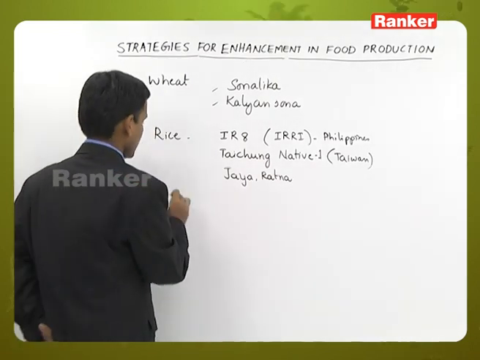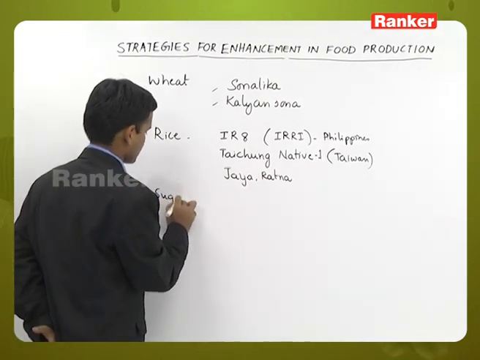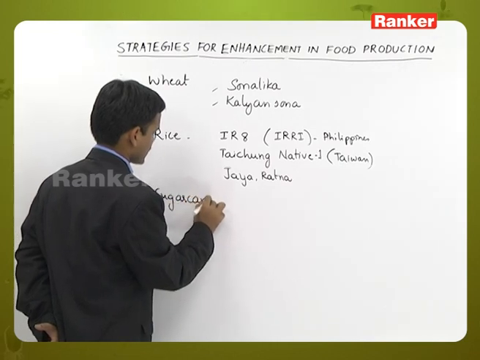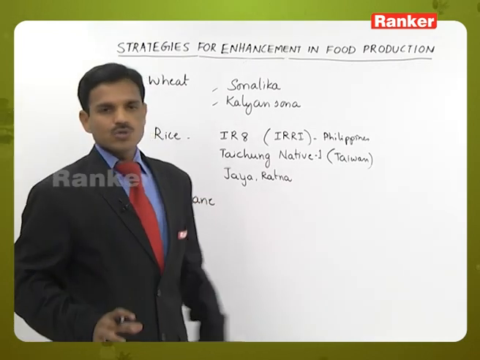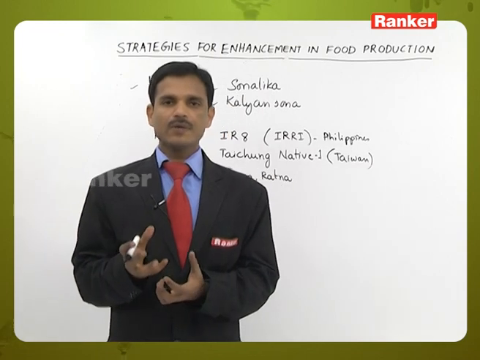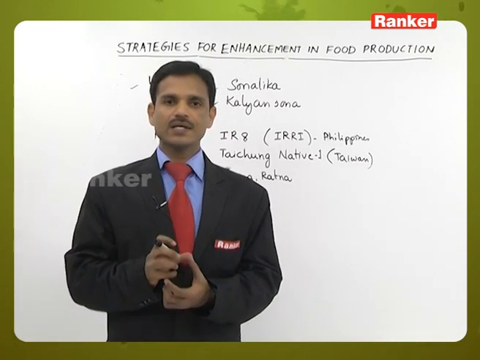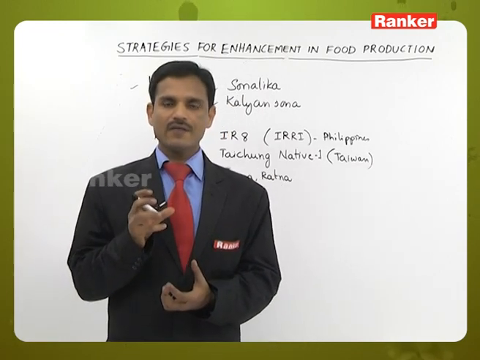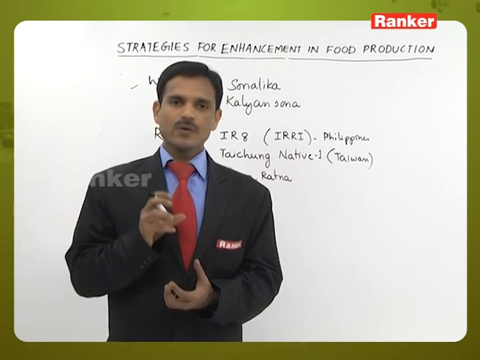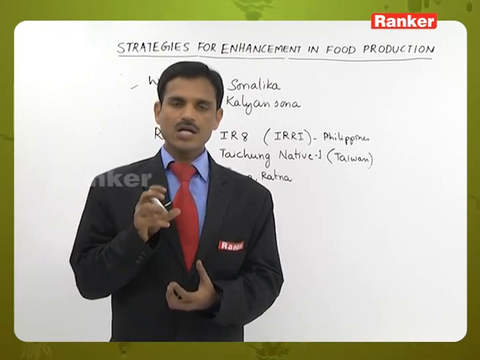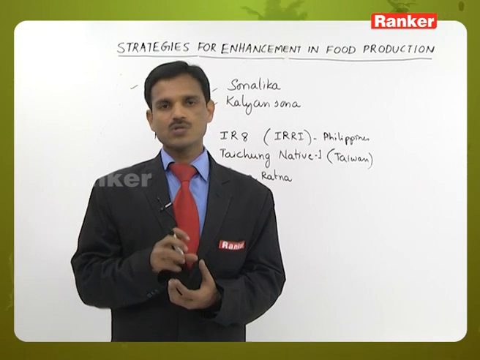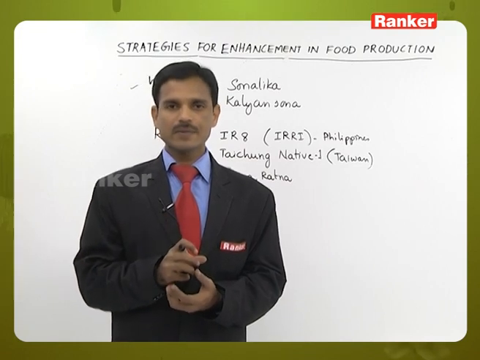And next, sugarcane varieties. In the sugarcane plant, if the stem is thick, it stores a large quantity of sugar. If the sugar content is more, that is commercially beneficial.